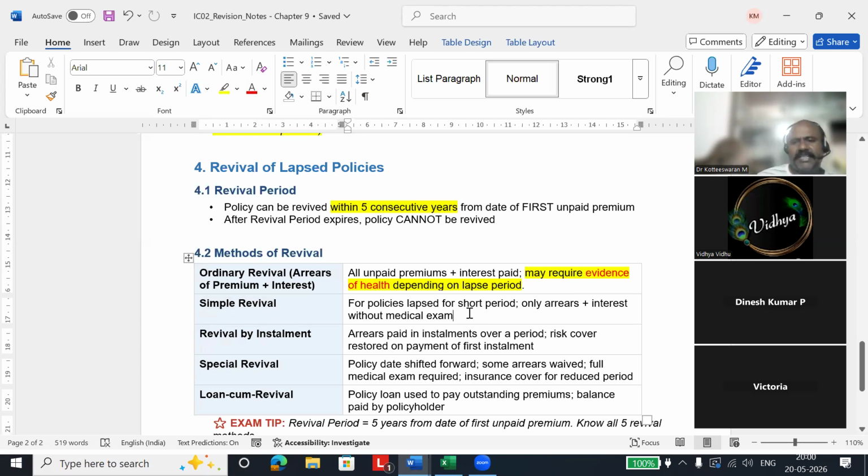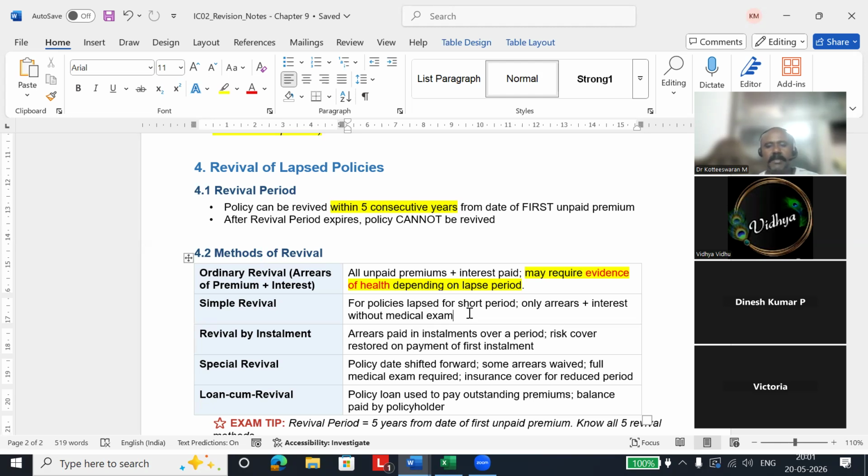So there is a 20 years policy. I have taken a 20 years policy. 15 years I pay the premium. 1 year I went out of country. I forgot to pay. 16th year I came back. I forgot to pay. 17th year I am saying I went out of country, I forgot to pay. So please revive my policy. So they have kept the policy for 15 years. Just for a simple reason they forgot to pay.